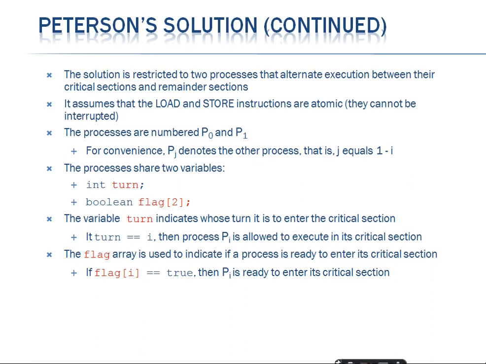In general, i can be any integer value. If i is 1, then it is process P1's turn to enter its critical section. The flag array is used to indicate if a process is ready to enter its critical section. If flag[i] equals true, then Pi is ready to enter its critical section. I hope you are following.